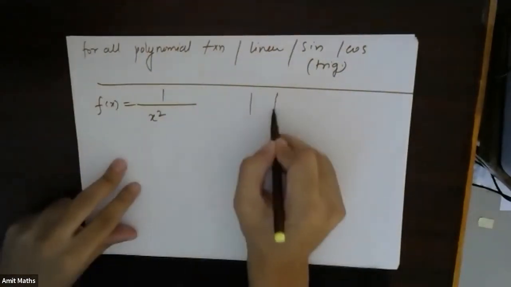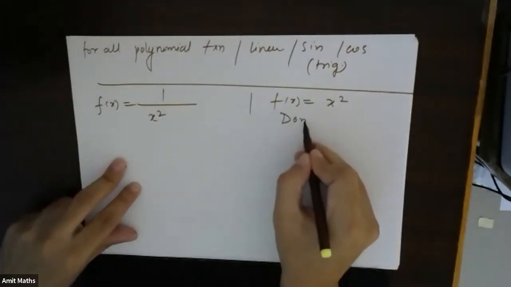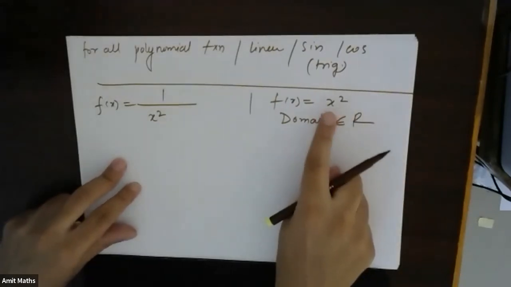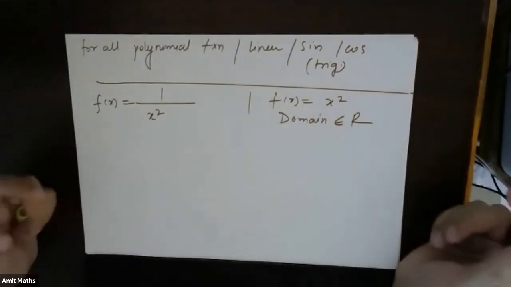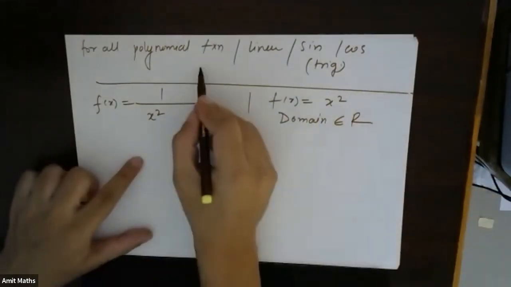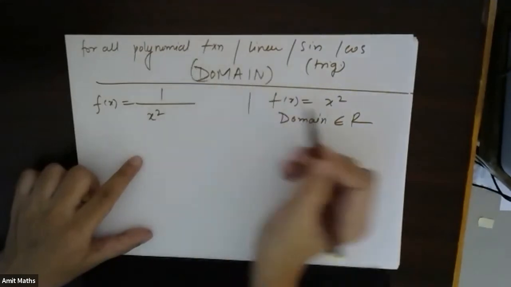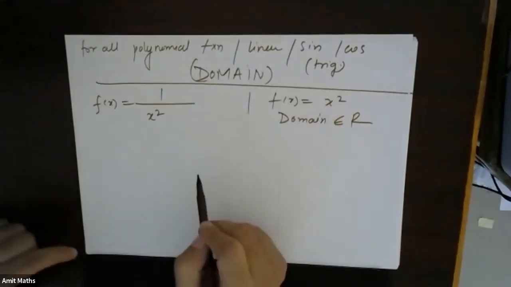Now, if f of x was x square, what will be the domain of this function? The domain will belong to R, because no matter what value you take, you will get some output. We are not bothered about the output, we are only concerned with finding the domain of different functions or mappings.